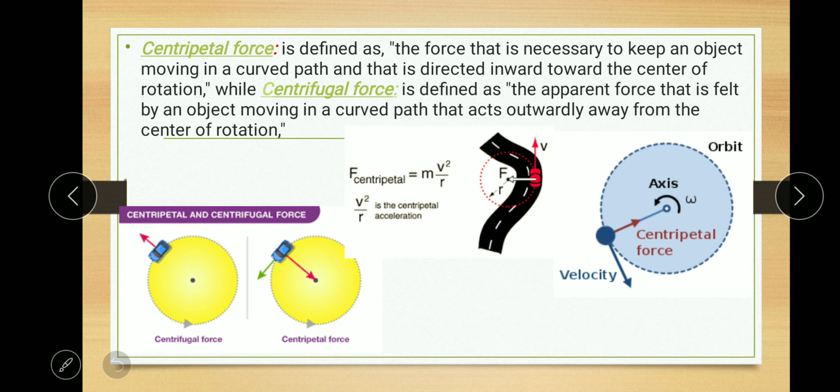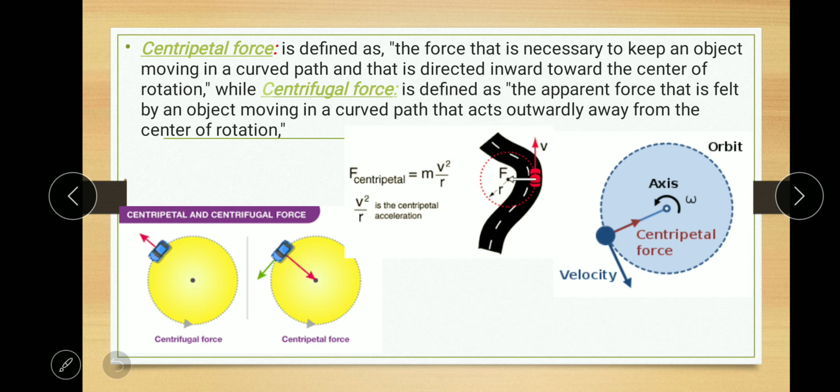Centripetal force is defined as the force that is necessary to keep an object moving in a curved path and that is directed inward toward the center of the rotation. Suppose you are rotating a stone by holding a ribbon and moving it around your head. The force acting towards you is centripetal, and the force opposite to that is centrifugal. Just like this. This picture clearly explains what is centripetal and what is centrifugal.